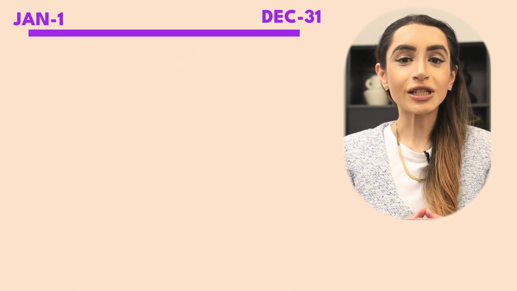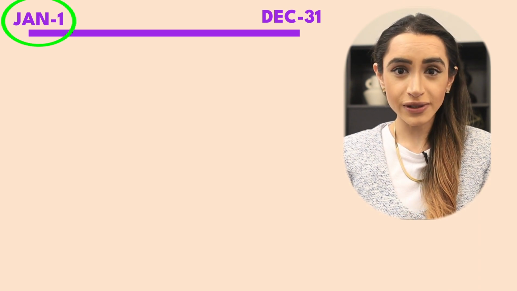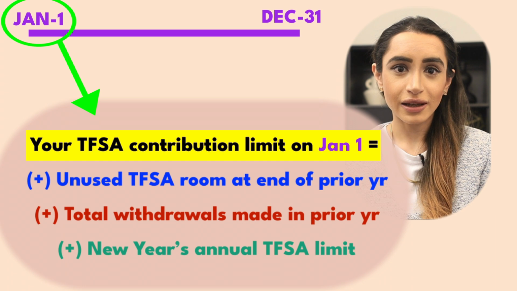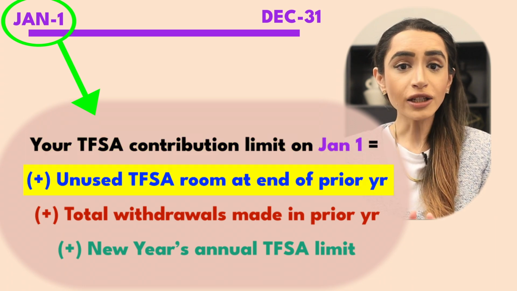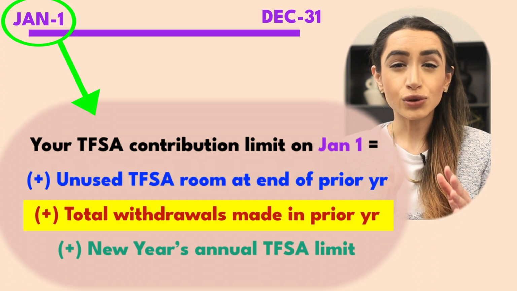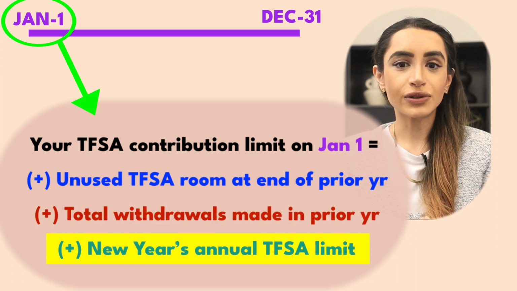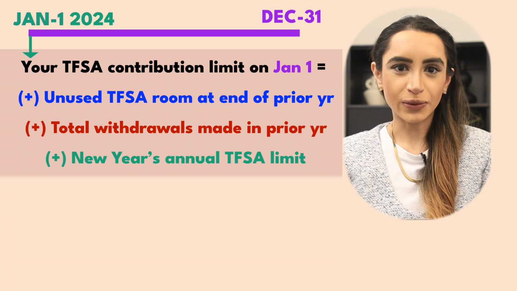To calculate your TFSA contribution limit at the start of the year on January 1st, when the limit is reset, use the formula: the TFSA contribution limit at the start of the new year is equal to the unused TFSA contribution room at the end of the previous year, plus total withdrawals made in the previous year, plus the new year's annual TFSA limit. So let's apply this to January 1st, 2024.